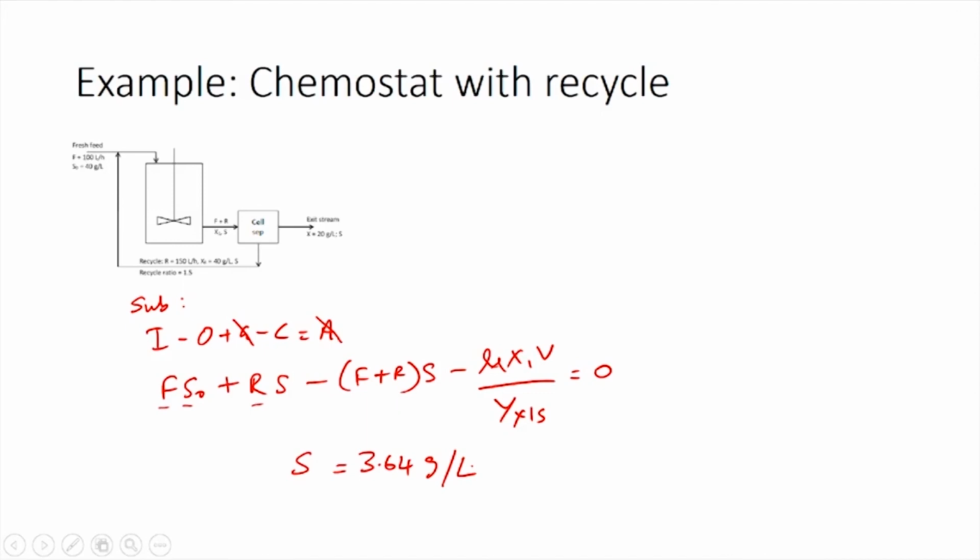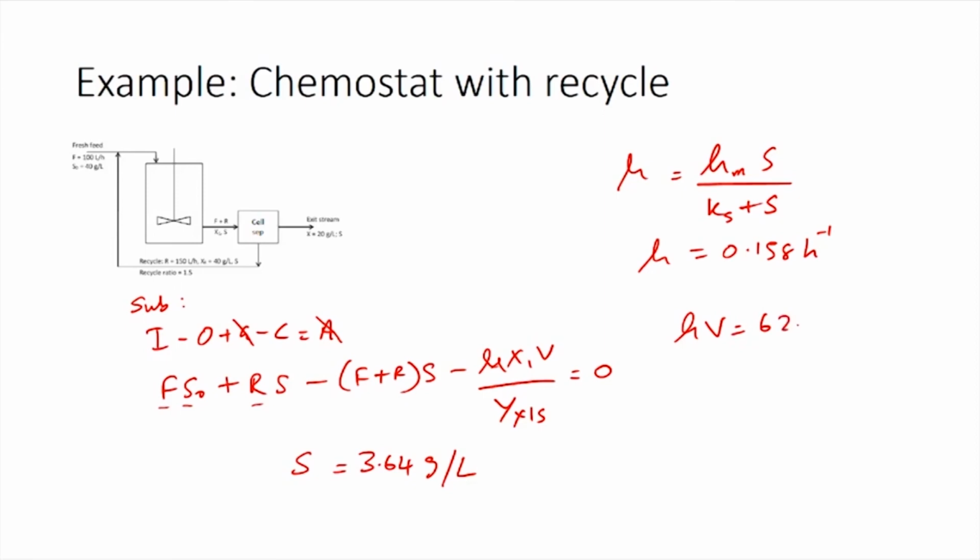Now that we have the value for S, we can substitute it back into Monod's model, where mu equals mu max S divided by Ks plus S. Knowing the values for mu max and Ks, we can calculate mu as 0.158 per hour. We know mu V equals 62.5 liters per hour, so this implies V would be 395.6 liters. So, the reactor which would have to be purchased would be 400 liters.